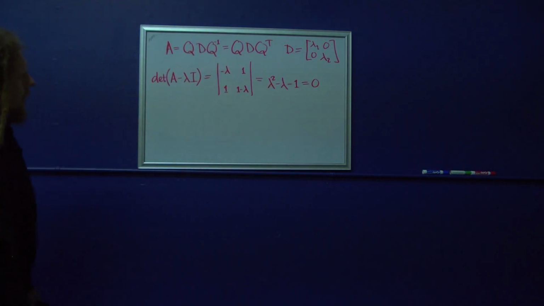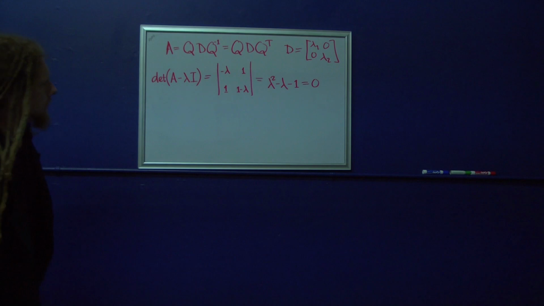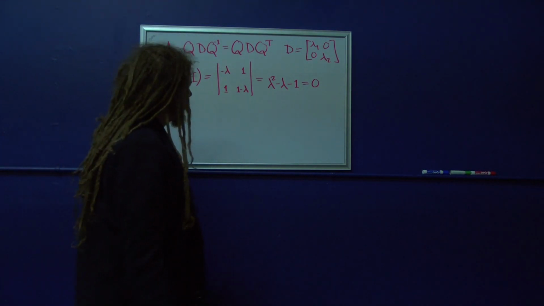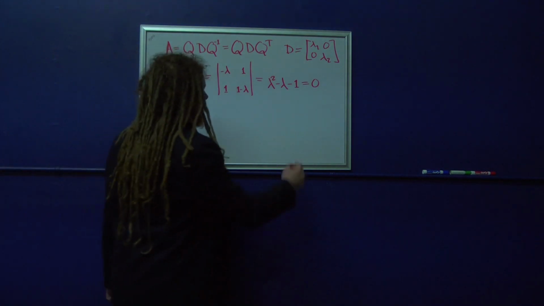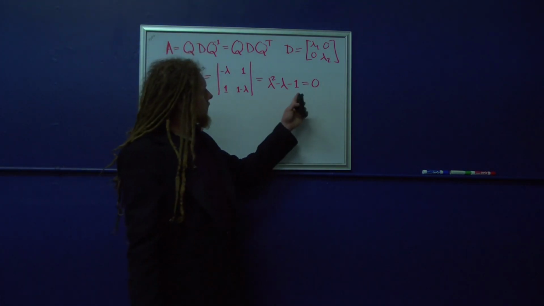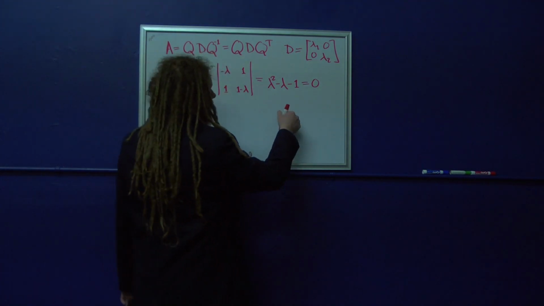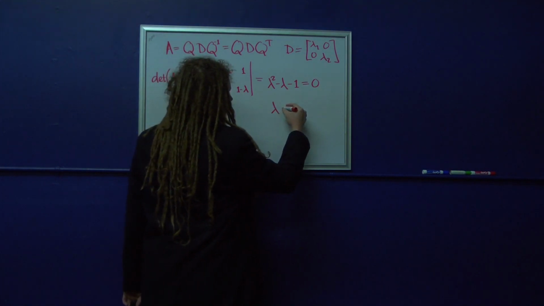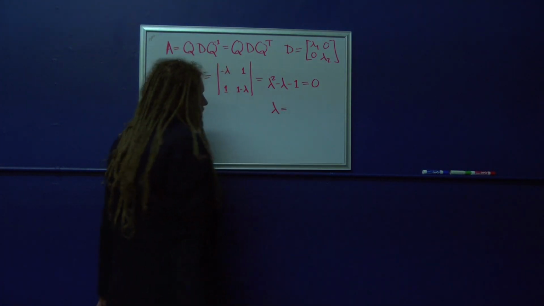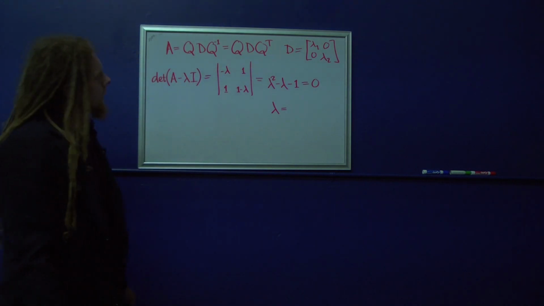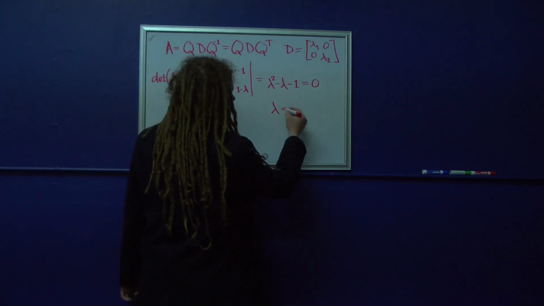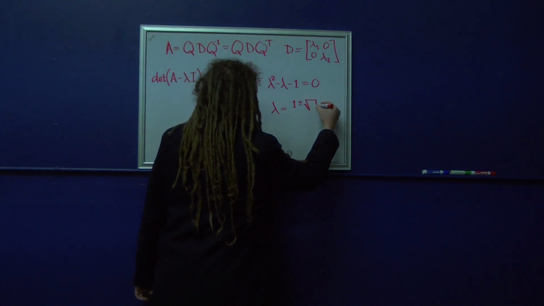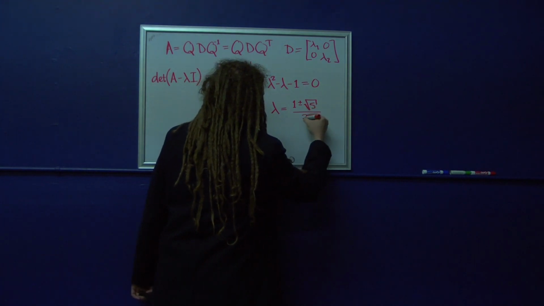We can solve this. You can complete the square, whatever. It's irreducible. You can see that. We're not going to get integer roots. What we do get, if you just remember the quadratic formula, or you can complete the square, solve it however you want, is a solution that looks like this.